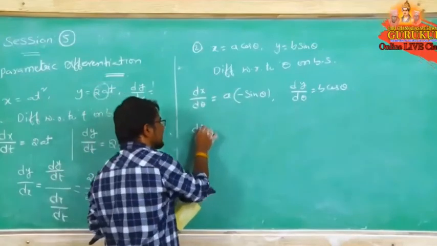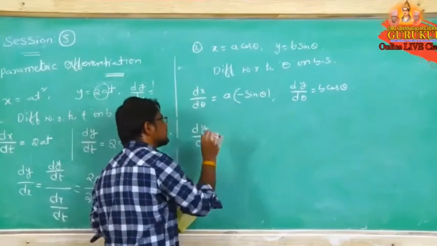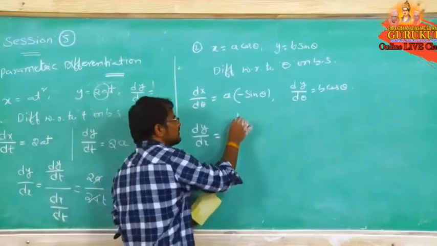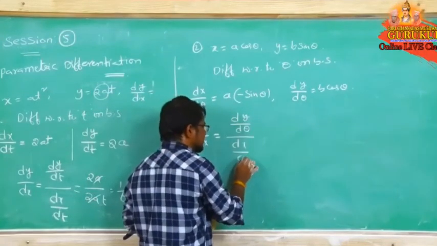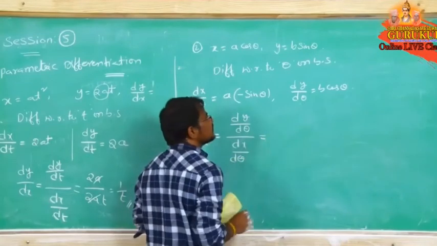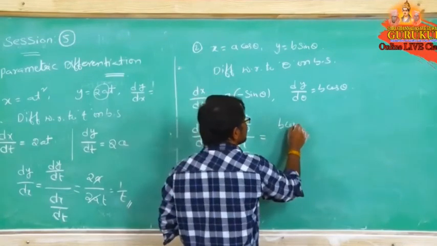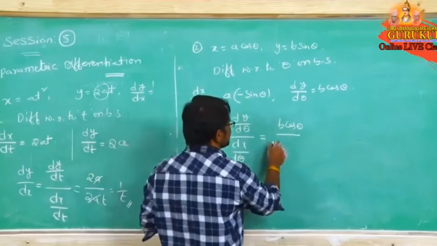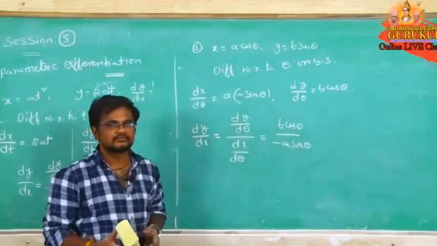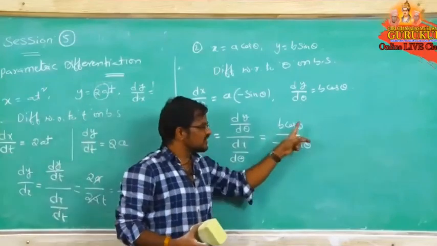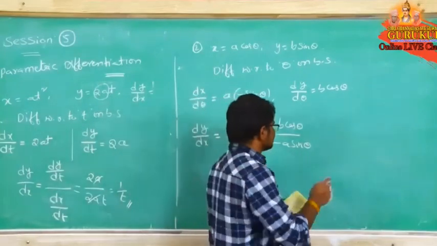Now we have to find dy by dx equal to dy by d theta whole divided by dx by d theta, that is equal to b cos theta divided by minus a sin theta. What is the answer? Minus b by a cot theta.